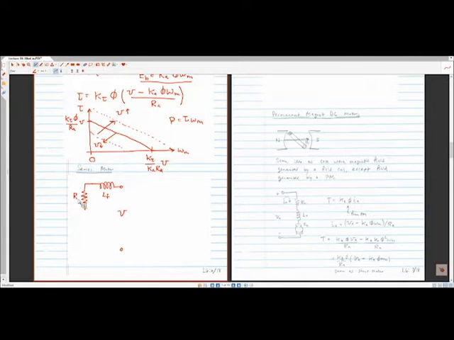You would just see a single R, which lumps together the resistance of the armature and field circuits. Then LA, and then of course you're going to have back EMF. I, and then we have back EMF.